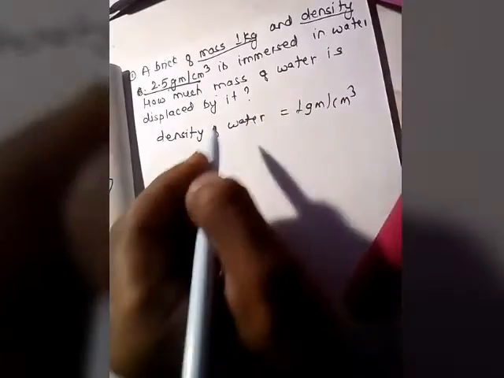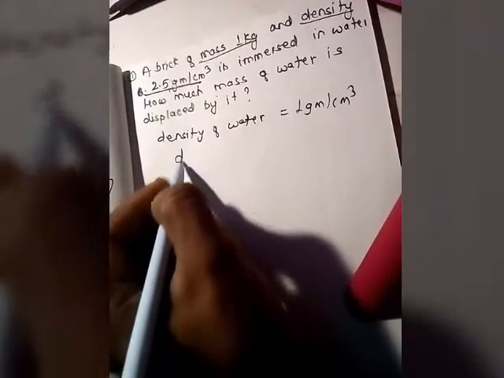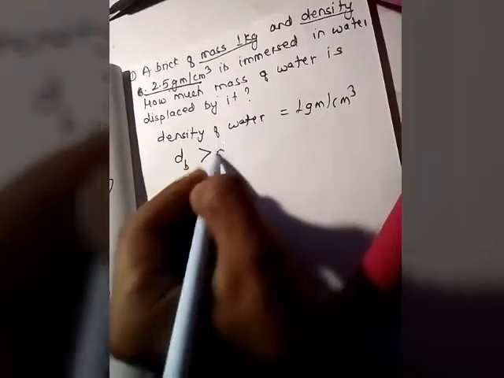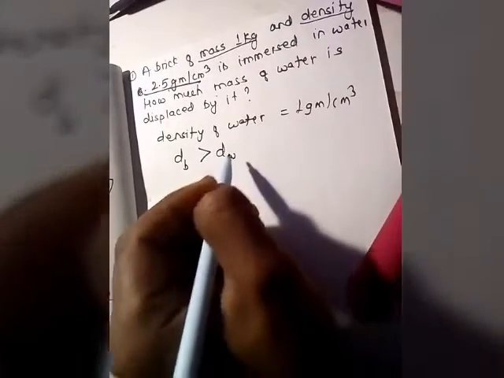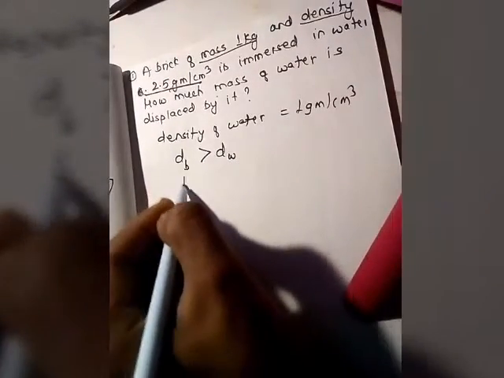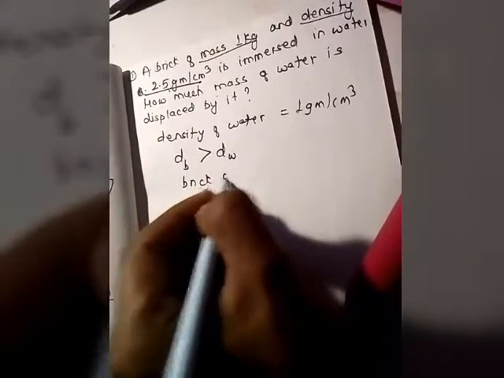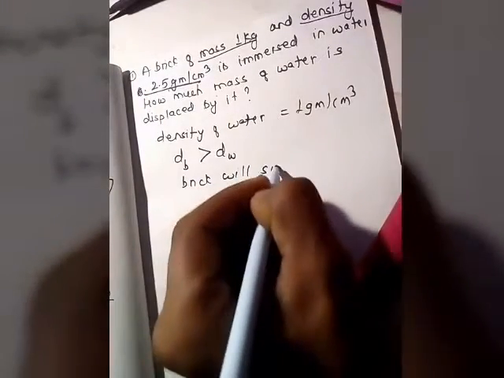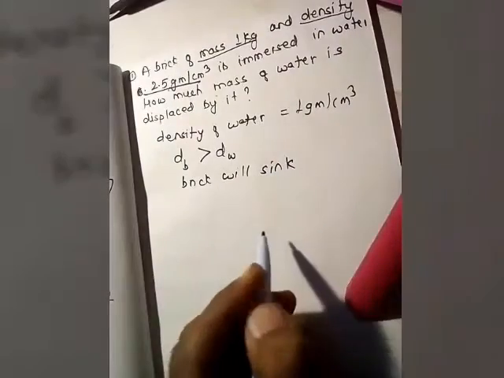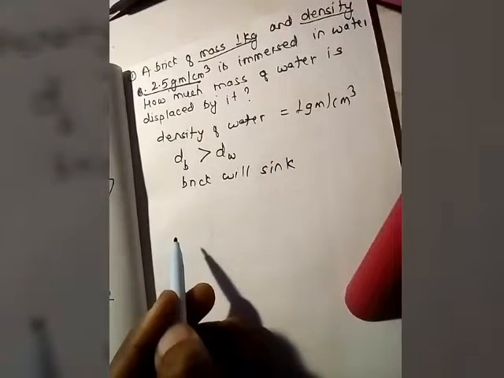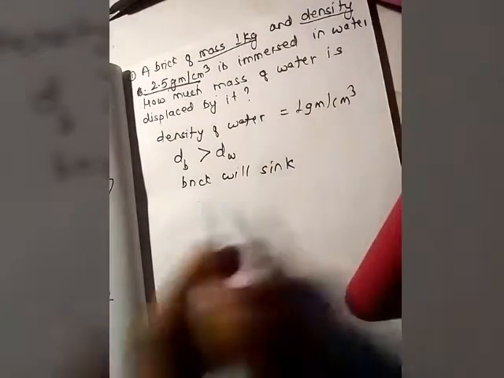We can clearly see that the density of the brick is greater than the density of water. This means the brick will sink. This is the first condition we talked about before, the condition of sinking.